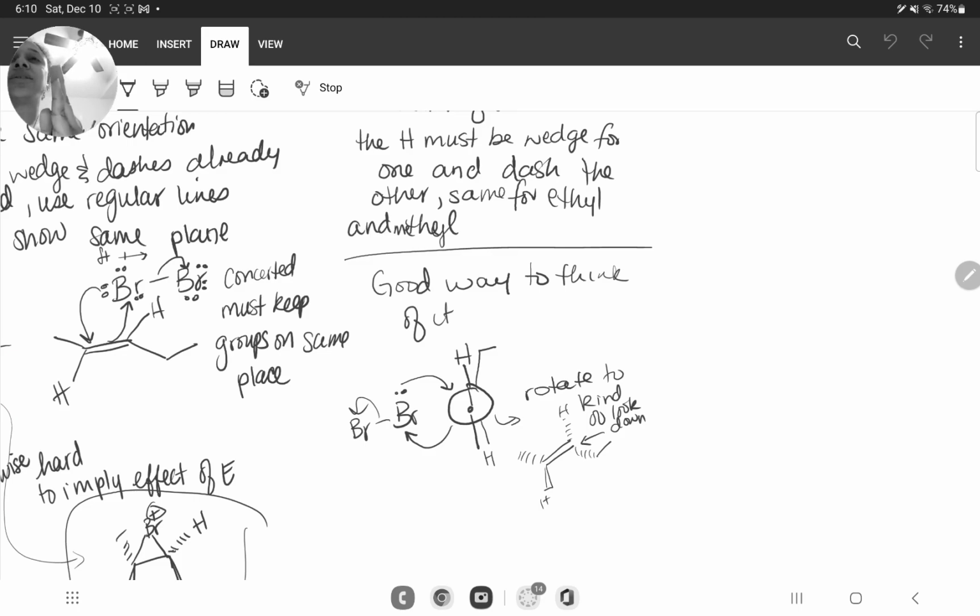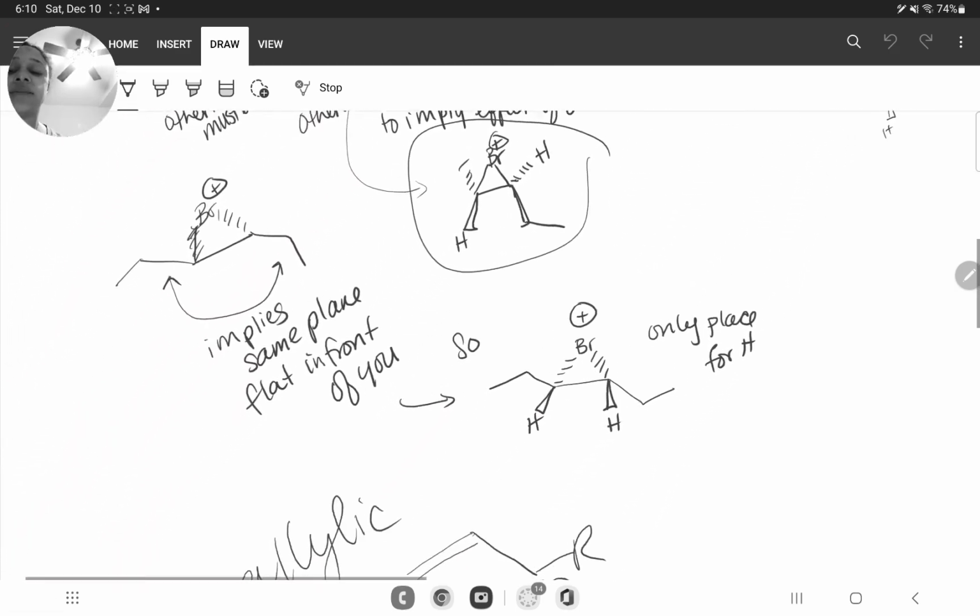And remember, because the structure is flat in a Newman projection, one hydrogen in the front will go one way, one hydrogen in the back will go the other way. The ethyl on one side goes one direction, and the hydrogen on the opposite side goes in the other direction. So you're kind of looking at it from the side. It's the same kind of idea.